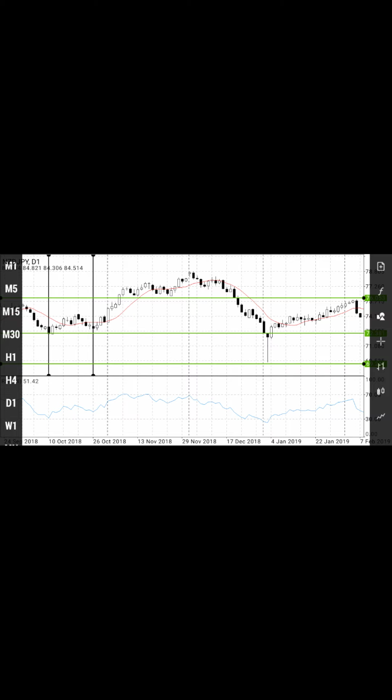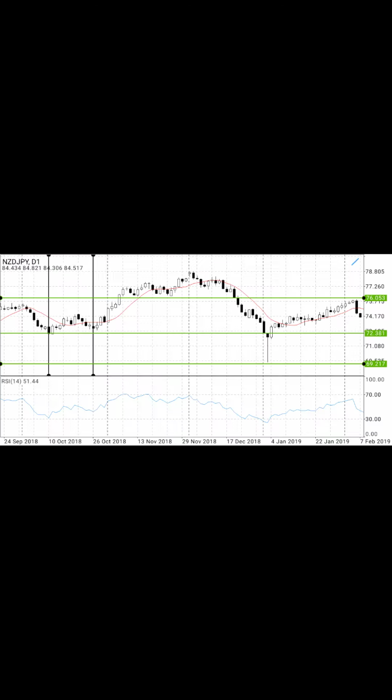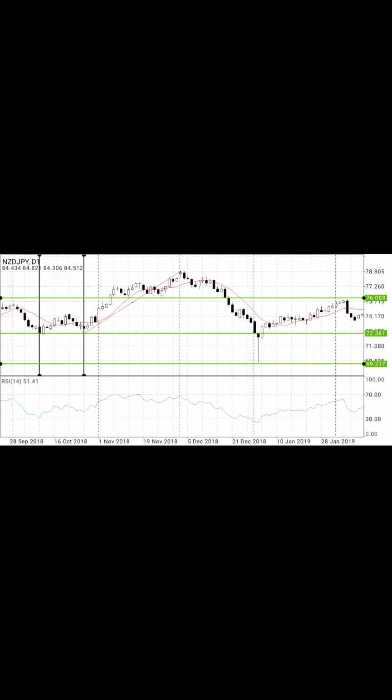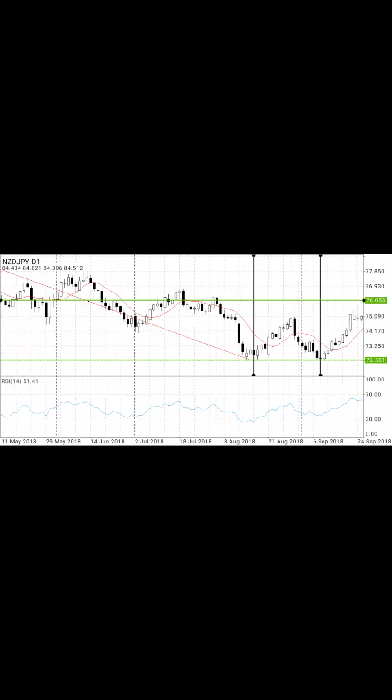So after those 4 reinforcements, there is a bullish right here. After that bullish that has been reinforced 4 times, it breaks through this low right here.